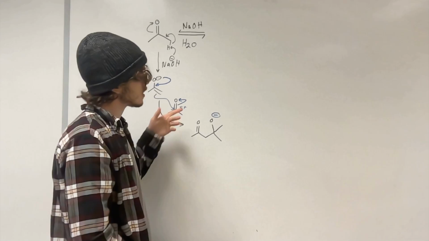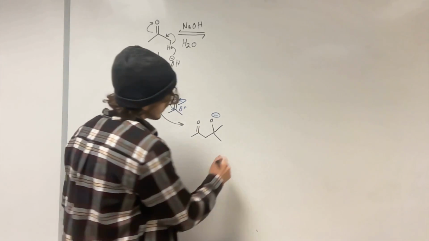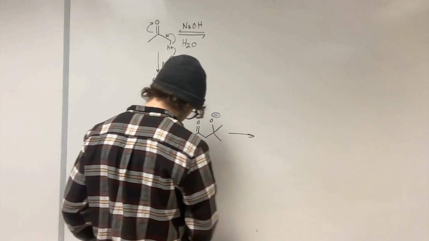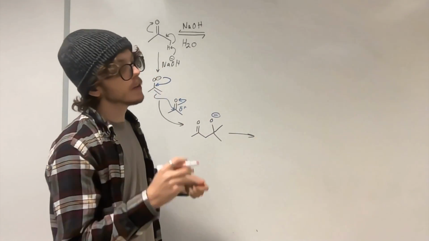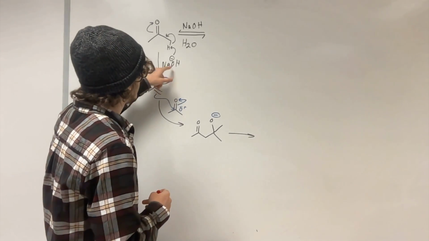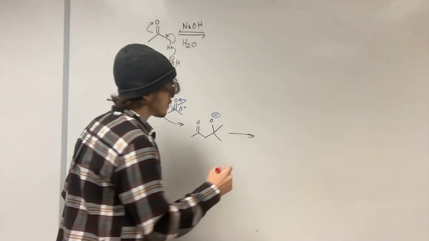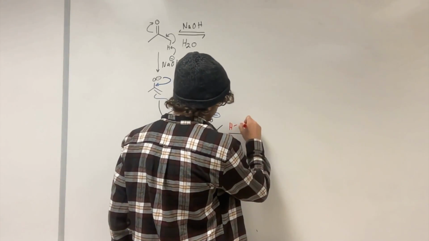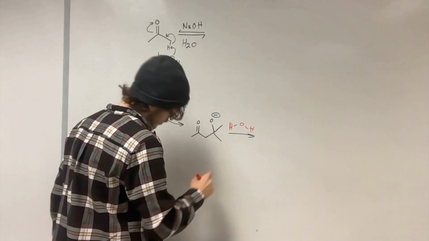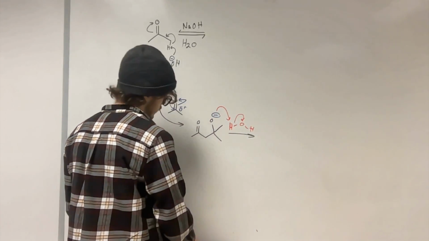So instead of just coming back off, reforming the carbonyl and kicking everything out, it's just going to protonate itself. Under basic conditions, if we are using NaOH, which has that negative charge, then we can just take the conjugate base that exists in solution, swimming around somewhere, water, and simply reform the base.